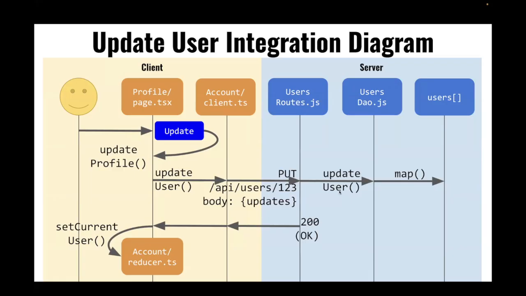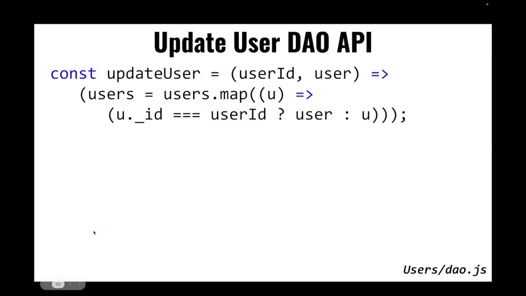And the route is going to use the update user DAO function that is going to just iterate over the users and recalculate the array, replacing that one user with a new version. And then it'll send back an OK to the client, if it's successful.